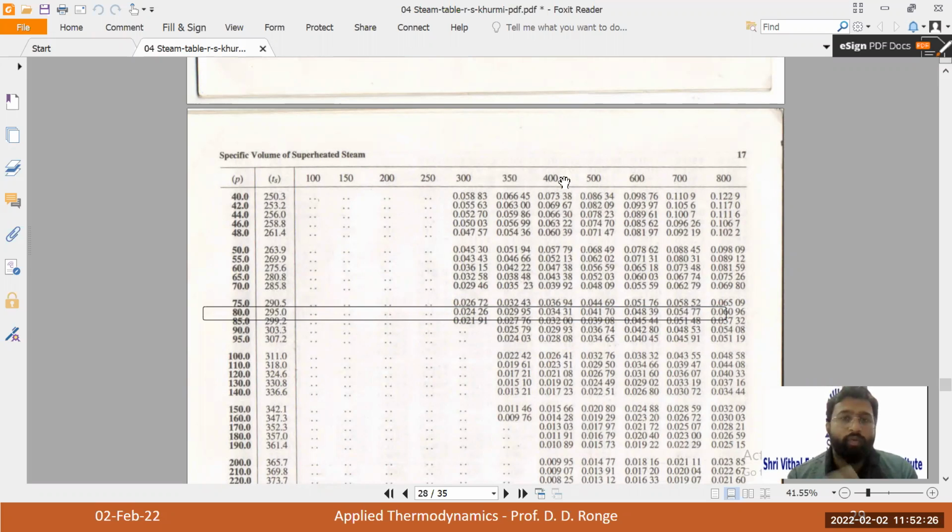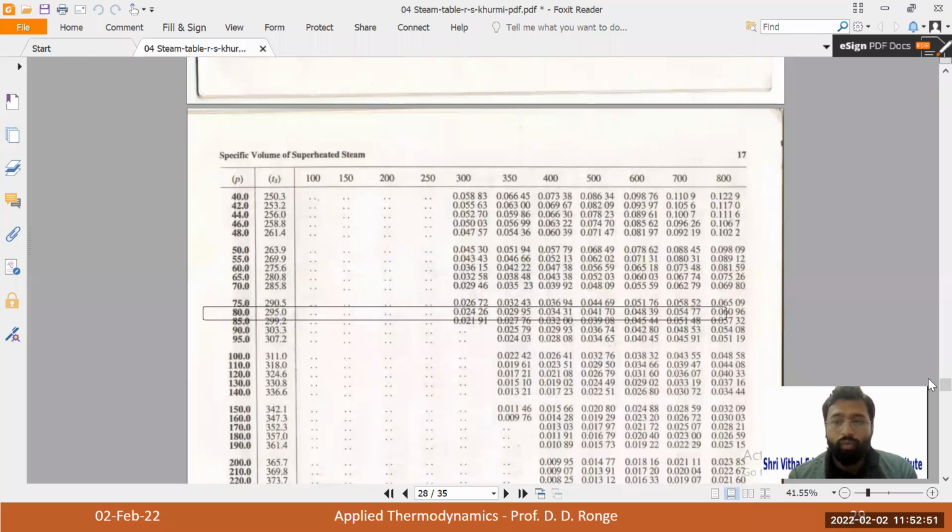Again, you can go for interpolation. The interpolation in this case will be V2 minus V1 divided by V3 minus V2, which is the LHS and can easily be calculated from the table, equal to T2 minus T1 divided by T3 minus T2. From that interpolation you can calculate the temperature value.